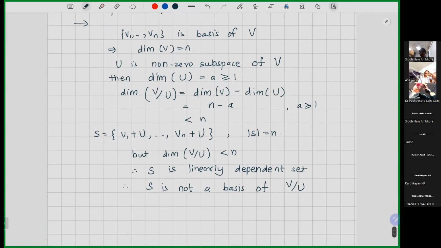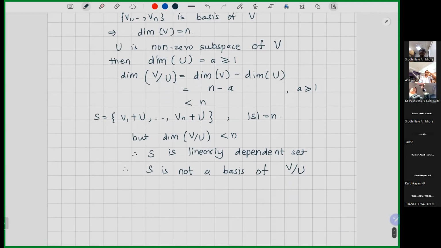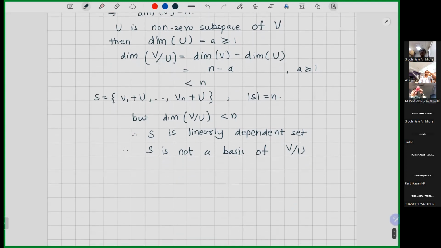So this set S has cardinality n, but the dimension of V mod U is less than n, as we have obtained from here. Therefore S has to be a linearly dependent set, and therefore S is not a basis of V. Okay, is it clear?